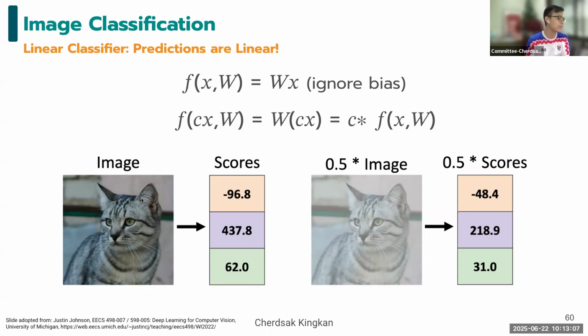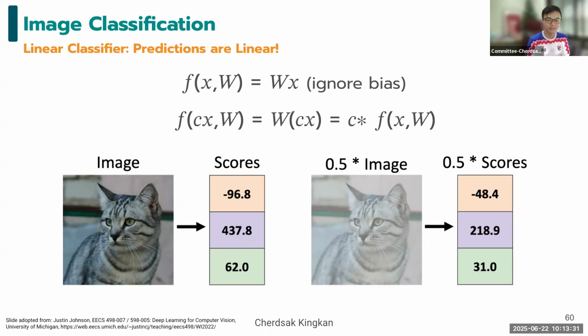For example, if you divide each pixel of the image by half, which reduces the brightness, the final prediction score is also just one half of that. It's either scaled up or scaled down.